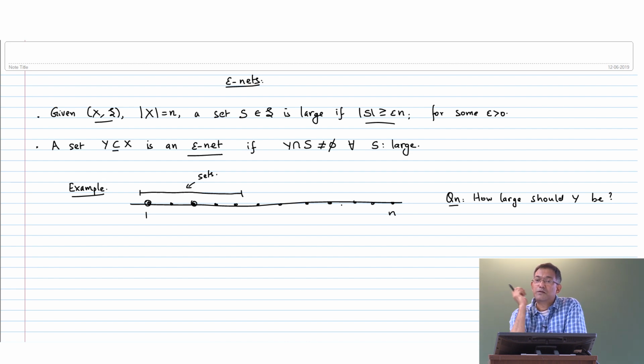It should be a function of epsilon, of course. One by epsilon. Why? You want to hit all the intervals of length at least epsilon n.